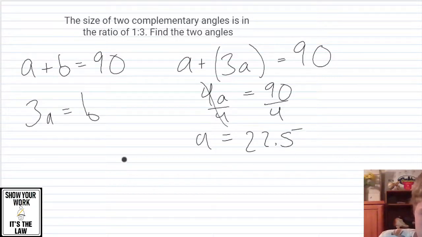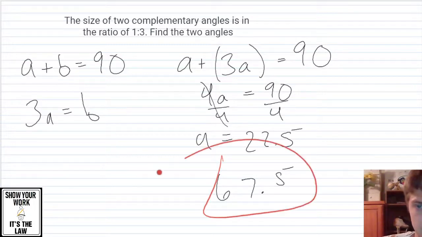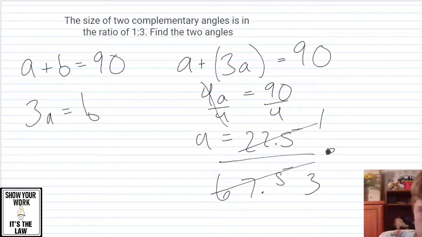And that means that angle B would be 3 times larger than that, which should be 67.5, and yes, I did look in the book to confirm as opposed to working it out. But beautiful, they both add up to 90, but if you make it a ratio, that's 1 and that's 3. Meets our conditions. I'll do one more.